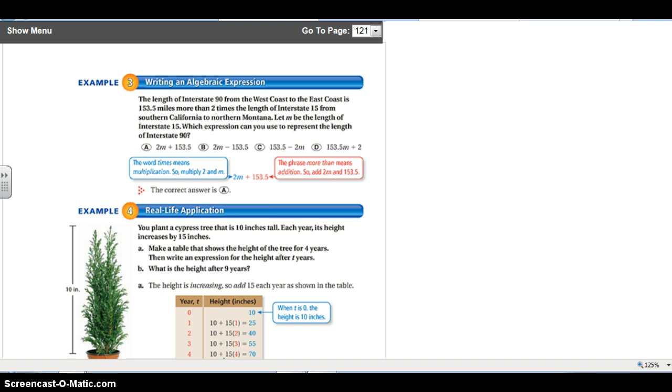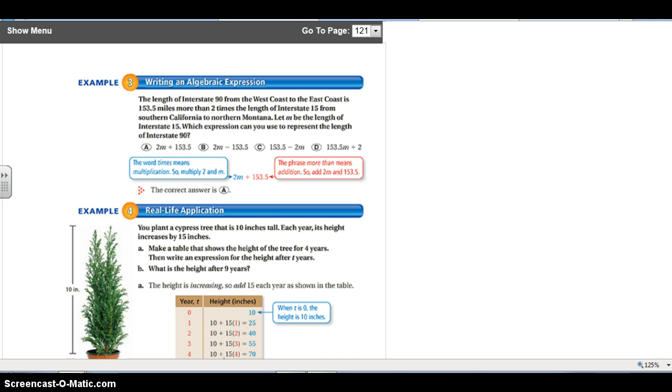So the word problem is the length of Interstate 90 from the west coast to the east coast is 153.5 miles more than 2 times the length of Interstate 15 from Southern California to northern Montana. Let M be the length of the Interstate 15. Which expression can you use to represent the length of Interstate 90?